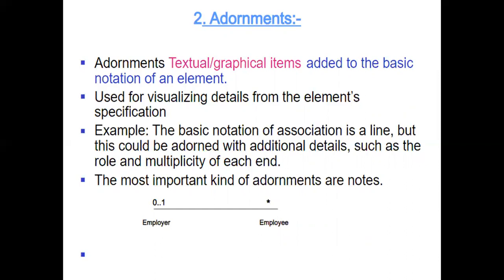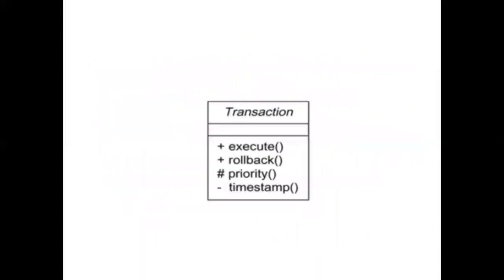In an association, there are different types of relations: one-to-one, one-to-many, many-to-one, many-to-many. To specify the association between two elements, we must specify the adornment.